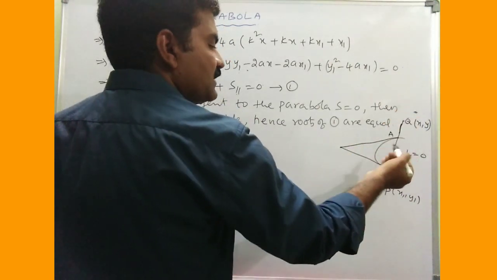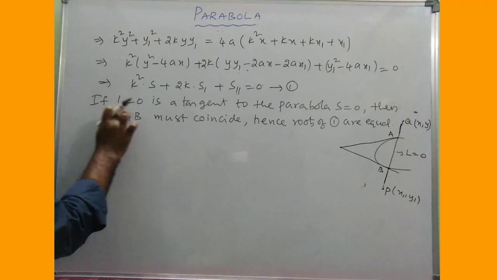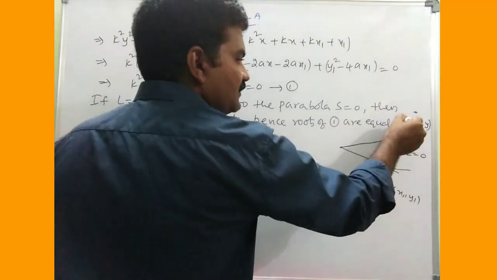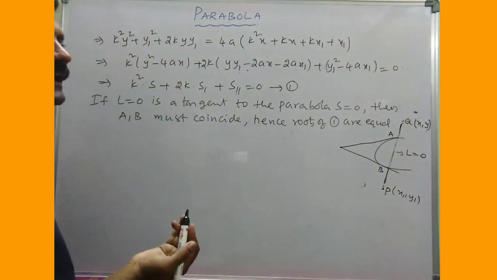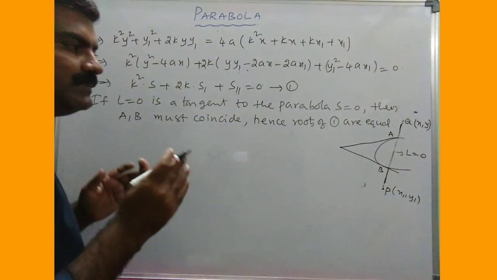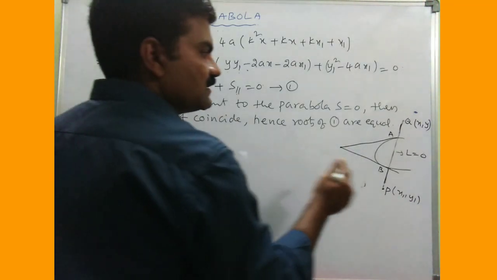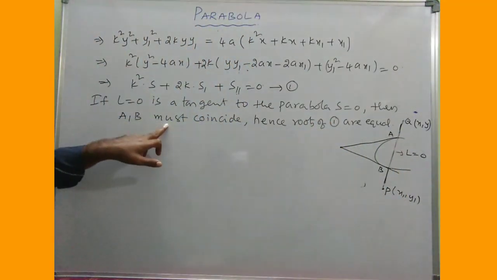But as per our consideration, this must be a tangent. If suppose L is equal to 0 is a tangent, then it won't meet the parabola at 2 points. It meets at only 1 point, right? So that means both these points A and B must coincide.